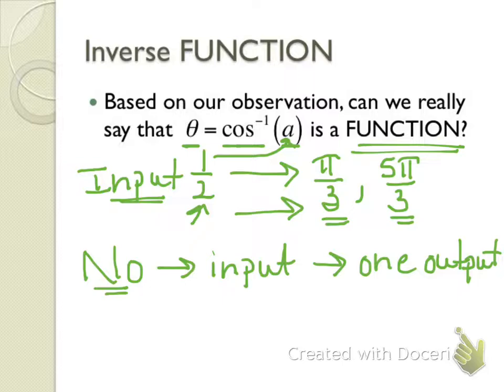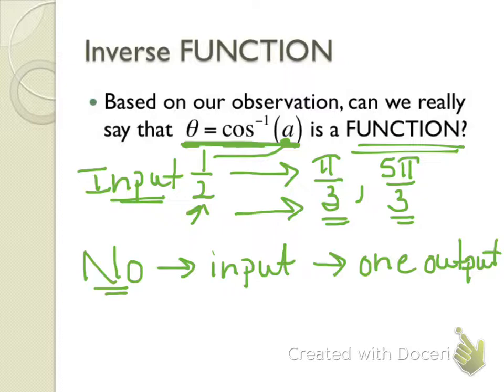And yet the title of this lesson is Inverse Trigonometric Functions. So there must be something that we can do that can take this equation and turn it into an actual function so that we can use function kinds of rules and consider function kinds of characteristics.